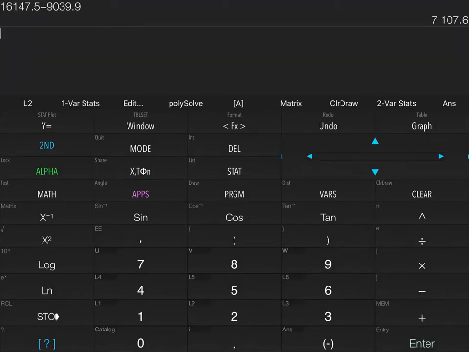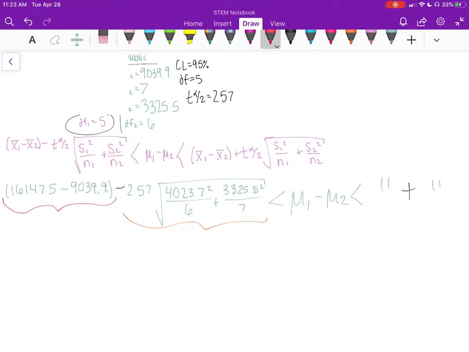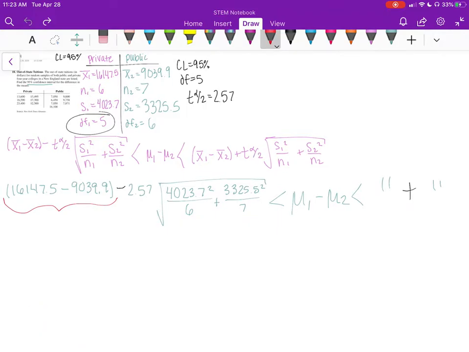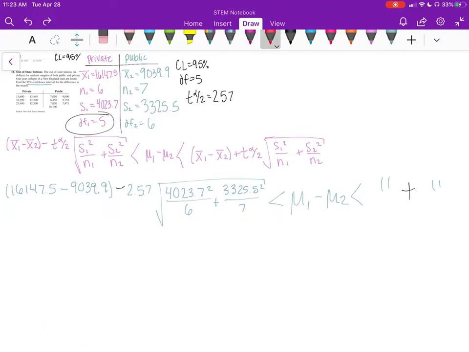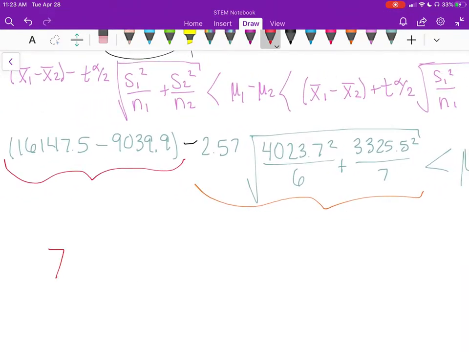So that's 7,107.6. So the red part is 7,107.6, and then we have minus, and then we have our orange part.